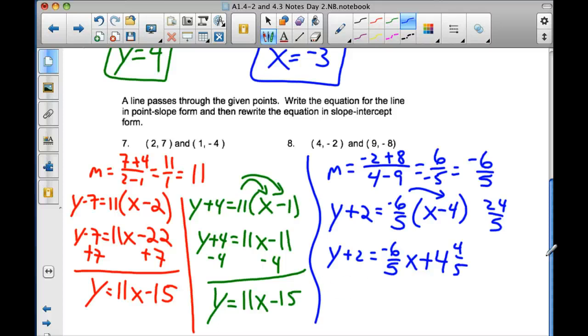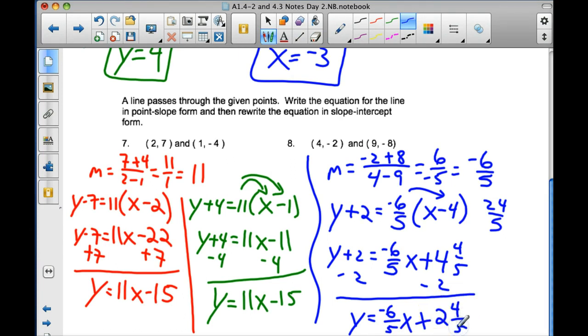Now, let's subtract 2 from both sides without a calculator. Go ahead, Paige. Before you give us the answer, guys, look at this. Can everybody do 4 and 4/5 minus 2 in their head? Of course, that's easy. Paige, what is it? Y equals -6/5x plus 2 and 4/5.